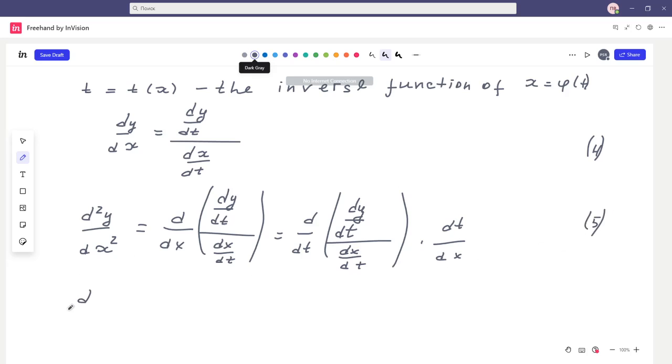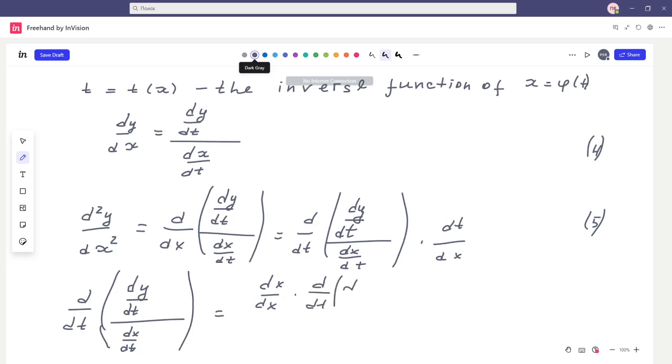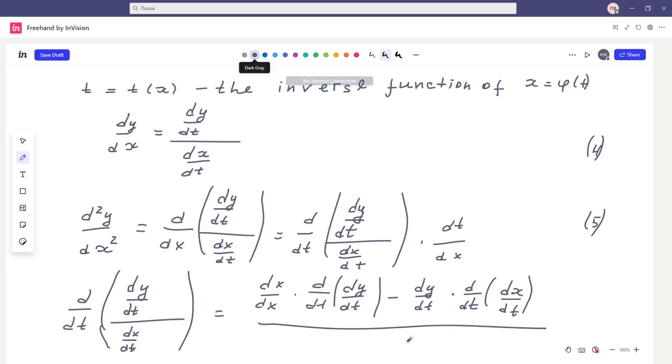But the differential with respect to t of dy over dt over dx over dt equals dx over dt times d with respect to t of dy over dt minus dy over dt times differential with respect to t of dx over dt over dx over dt squared.